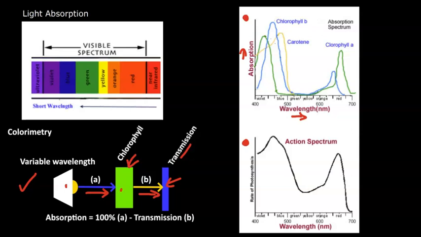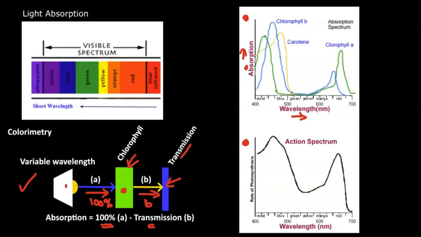So the absorption here, which is our y-axis, is calculated by taking the value of 100% transmission and subtracting the percentage transmission, which is here.